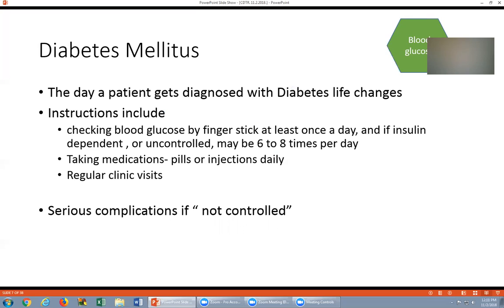Most of the time they check once a day, but if they're on insulin or if they are uncontrolled, having low blood sugars, high blood sugars, they may be checking their fingers 6 to 8 times, sometimes even more. And just imagine doing that every day.